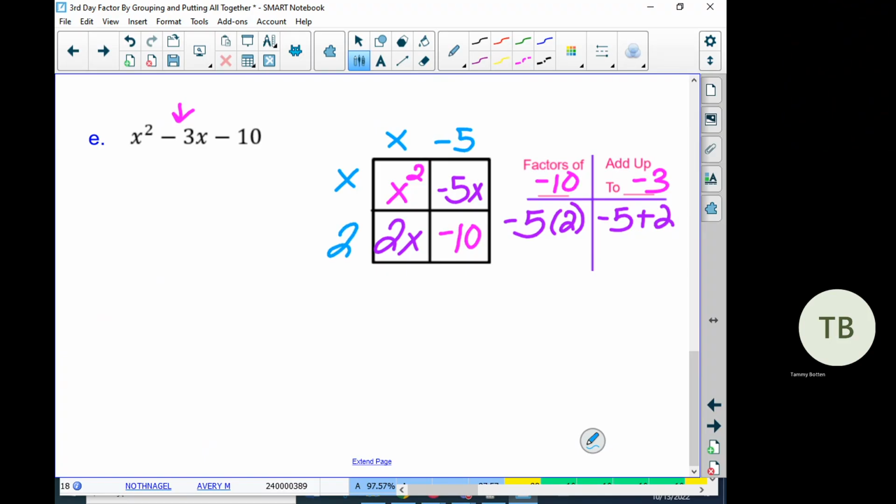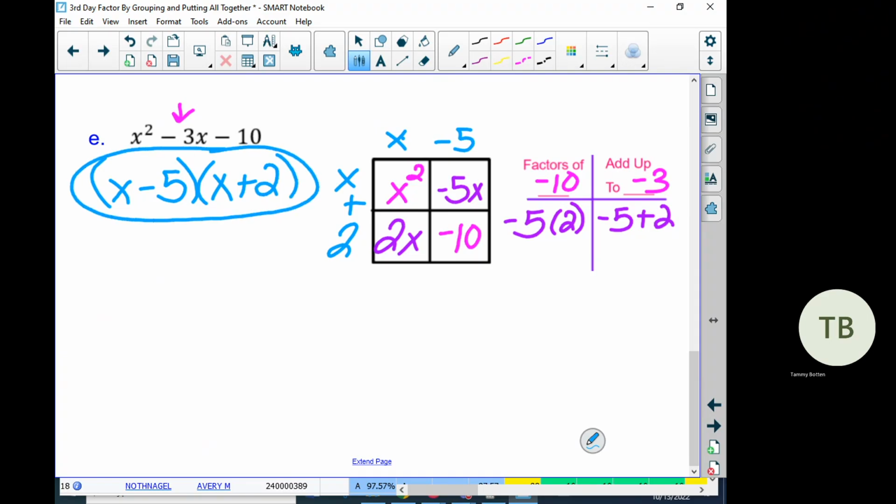And -5 times 2 is -10. So your answer then would be x minus 5 times x plus 2. And notice both of these are to a power of 1. So there's nothing else you have to do there. They're both to a power of 1.